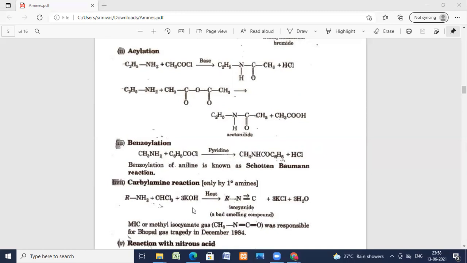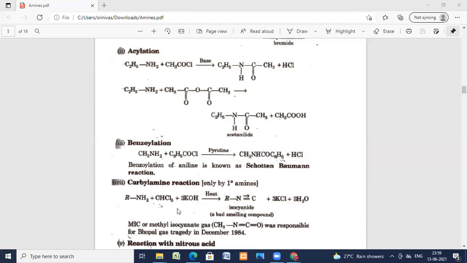So this carbylamine reaction is an important reaction for the detection of primary amines. Primary amines on heating with chloroform, CHCl3, and KOH form foul smelling isocyanides. This reaction identifies primary amines. It is known as the isocyanide test.